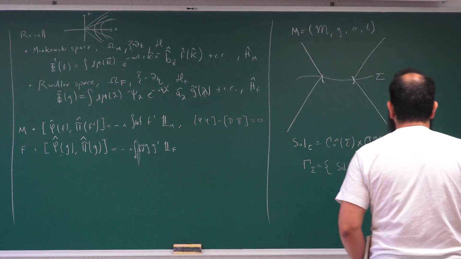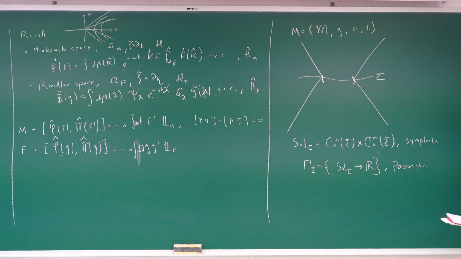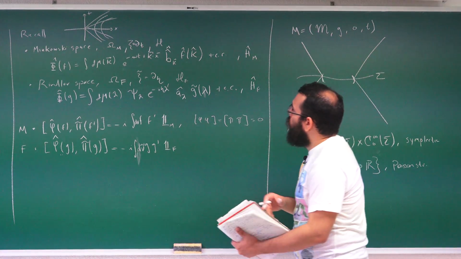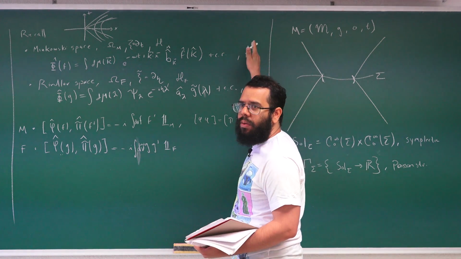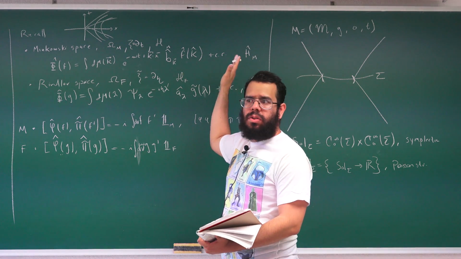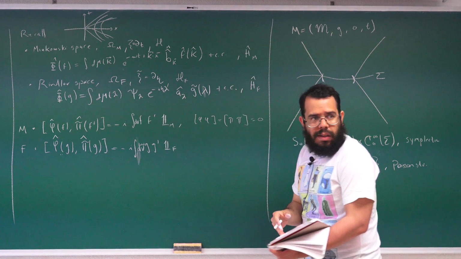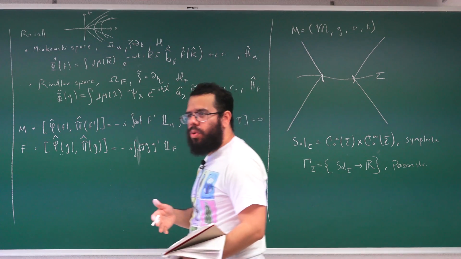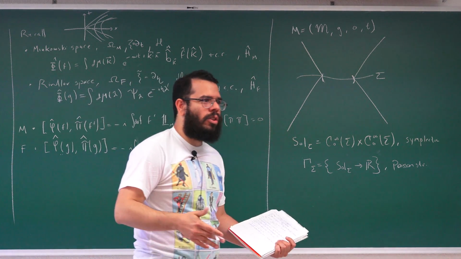But in general, you don't have that symmetry, and you don't have a natural notion of a Hamiltonian that you can associate in the quantum realm to that symmetry. But you still have the Klein-Gordon equation that gives you solutions throughout spacetime.